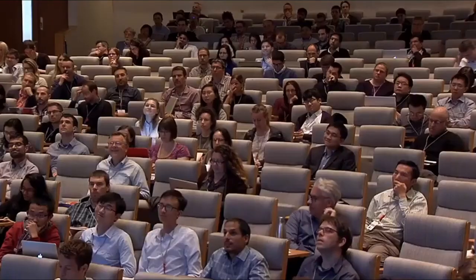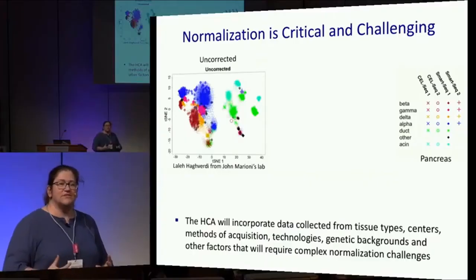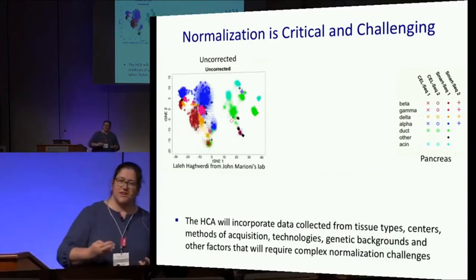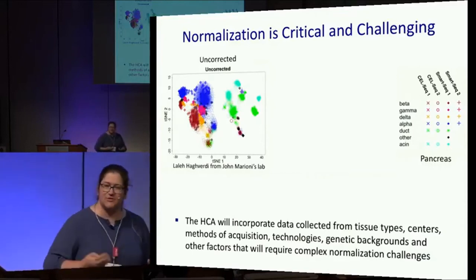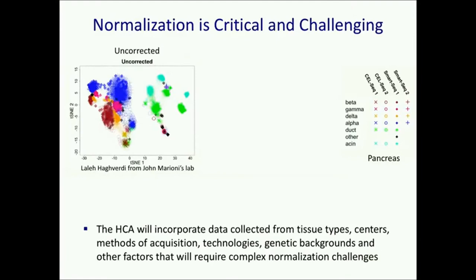So, back from the abstract into very simple, normalization. Normalization is a huge but critical challenge, and one of the things I'm going to try and do in this talk in the community spirit is I'm only putting one slide from my own lab. This is data from John's lab, and it really demonstrates the importance of normalization. Here are multiple pancreas samples, and they are very different.